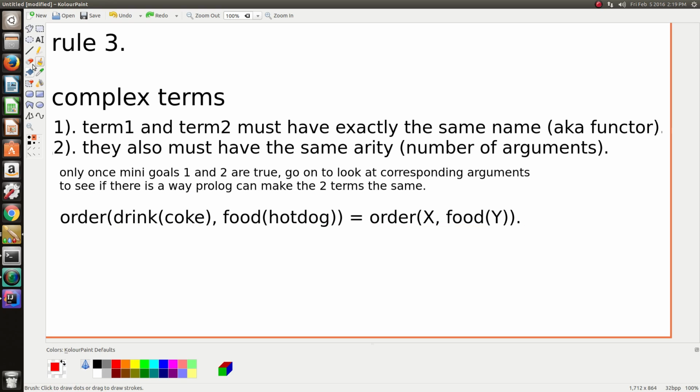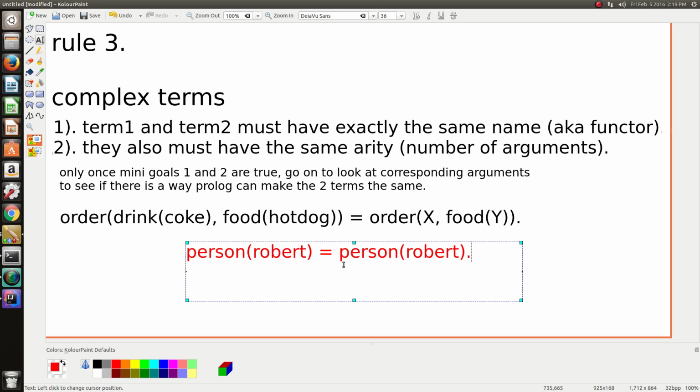So I just want to go through some more basic examples first to get the hang of it. I'll start by just going through the very basic example here. So what Prolog does is it goes to the first mini goal.